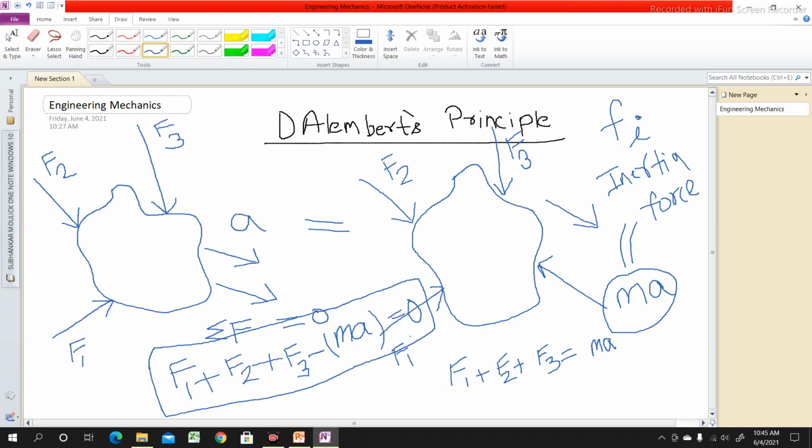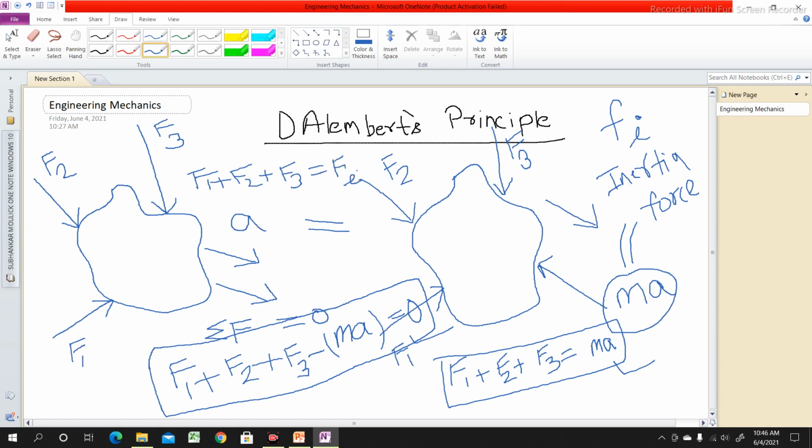Either you can write like this, or like this, that is F1 plus F2 plus F3 is equal to Fi.